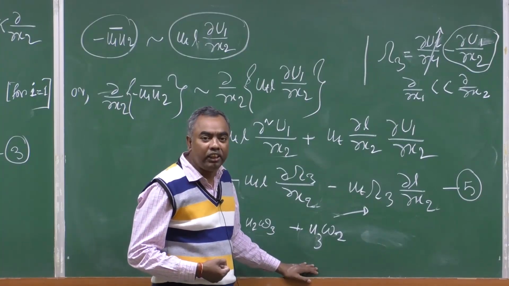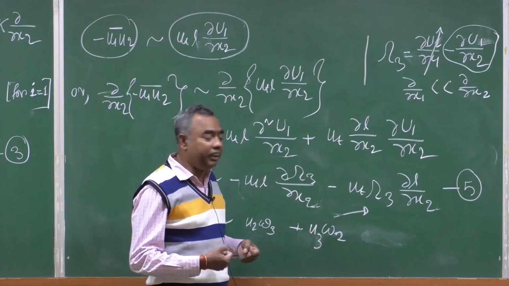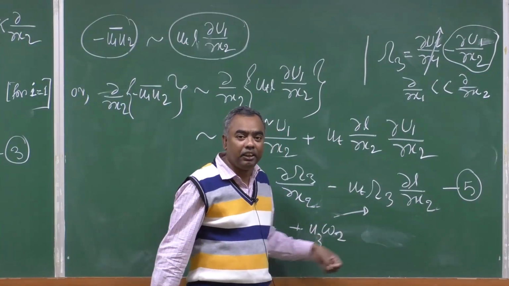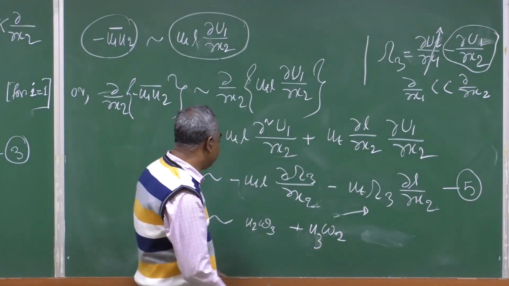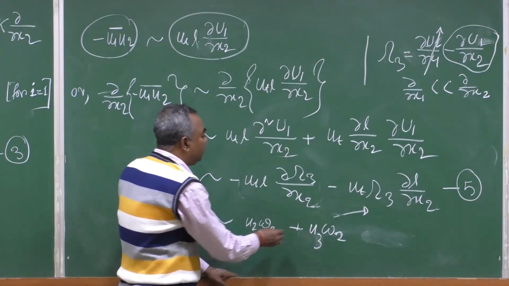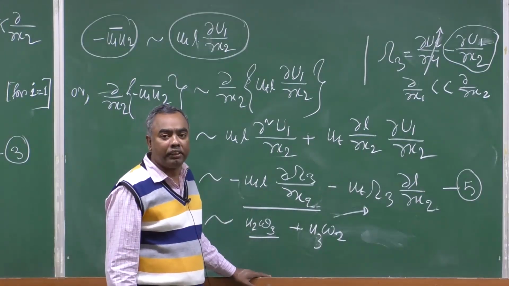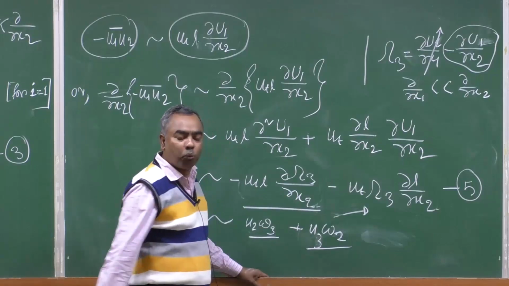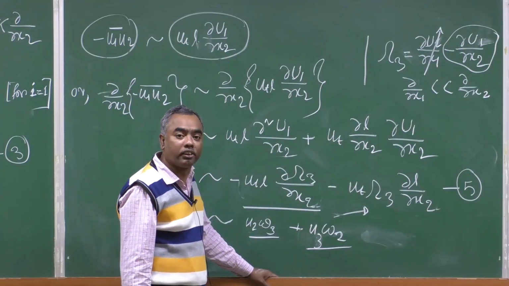So, this is essentially the vortex stressing term. Okay. That means, due to the vortex stressing, the length scale is having a gradient in the x2 direction. So, this particular term is just like the transport of vorticity by turbulent fluctuation, and this particular term is essentially due to vortex stressing.